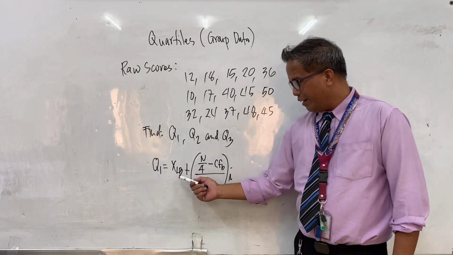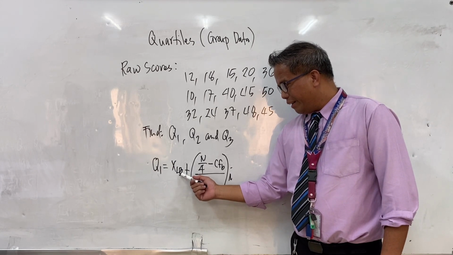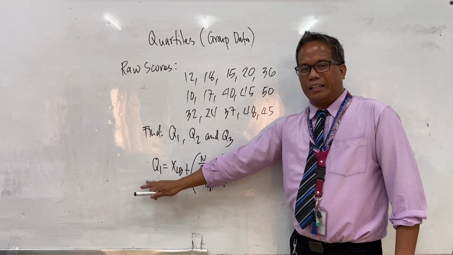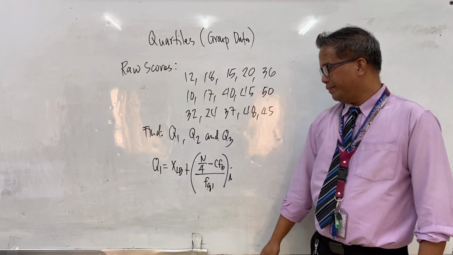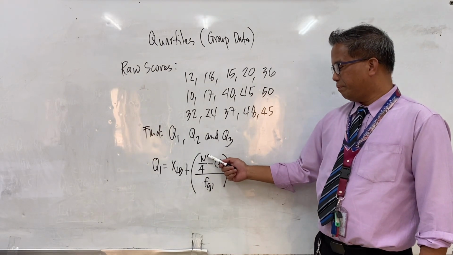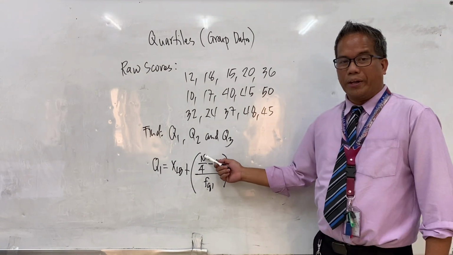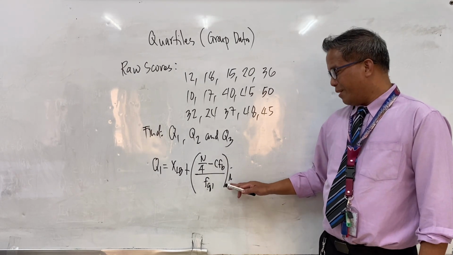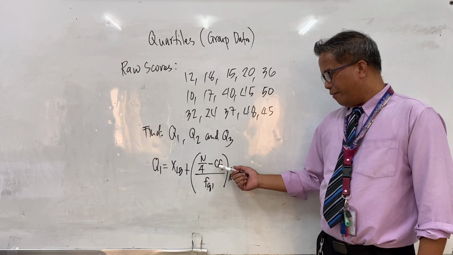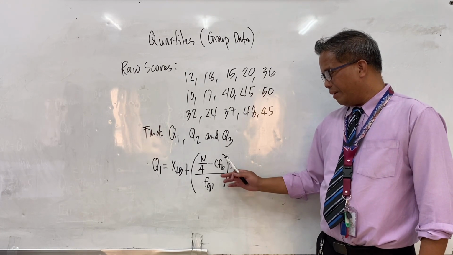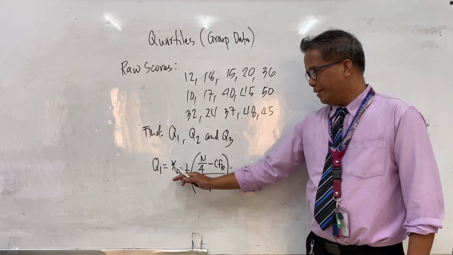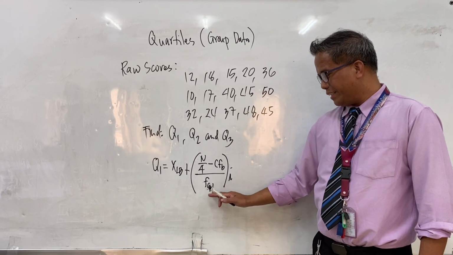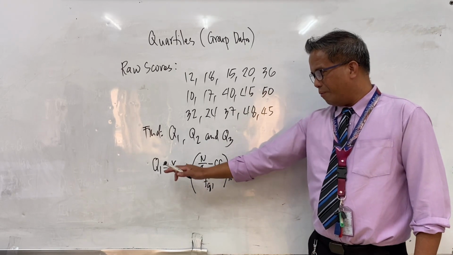XLB is the lower boundary of the class interval of Q1, the Q1 class. N is the total frequency, and I is the size of the class interval. CFB is the cumulative frequency before the Q1 class. And FQ1 is the frequency of the Q1 class.